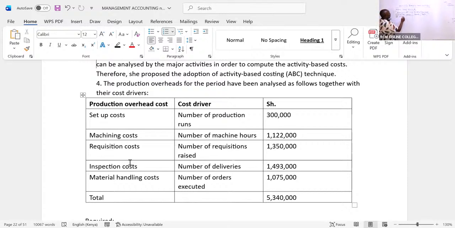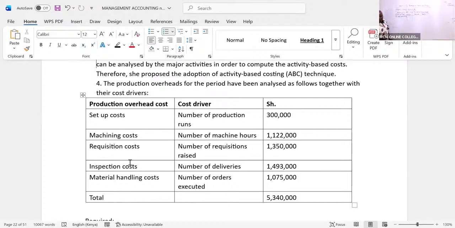Setup costs. Sorry, the cost driver there is the number of production runs.